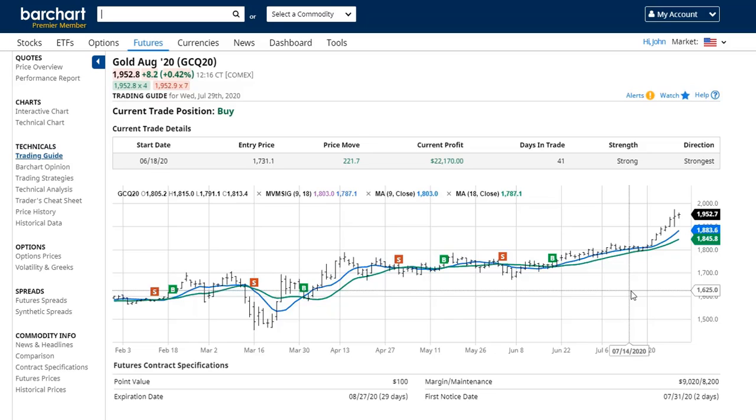So what can we do here? We have two options. We can hold on to this trade up until first notice day, close it out, and take that trade as is. Or we can roll to a forward futures contract and continue that price movement.